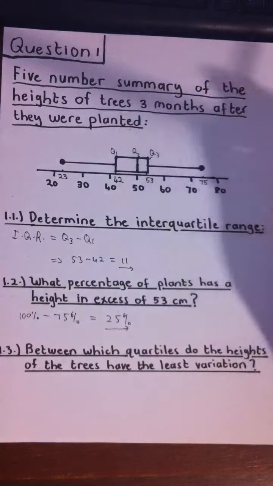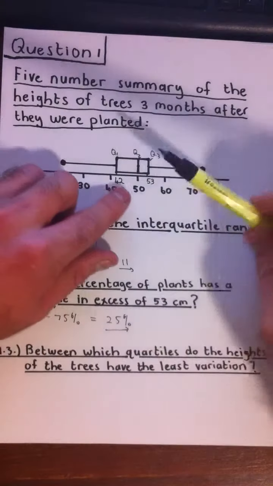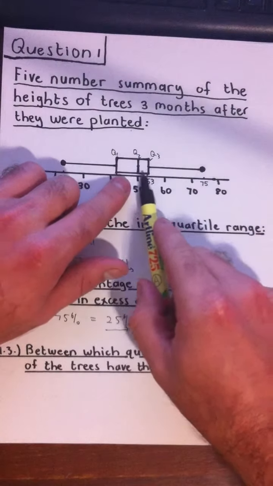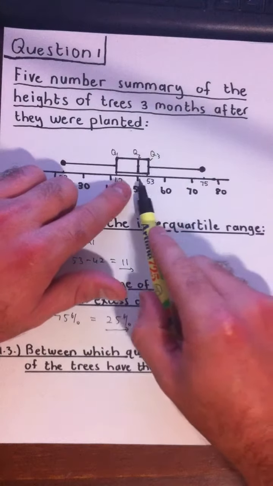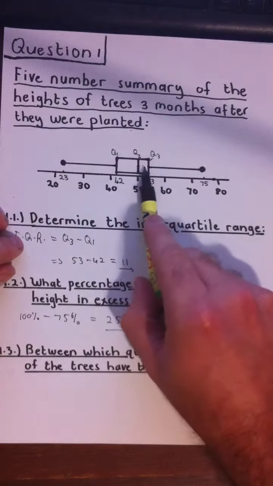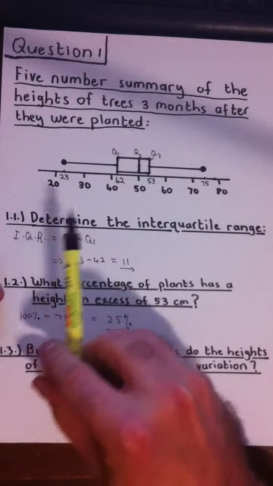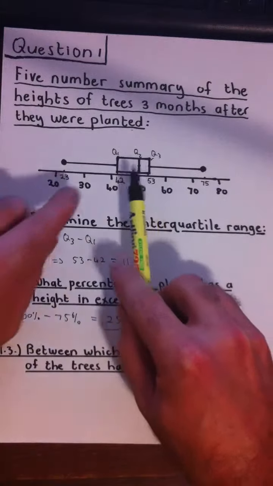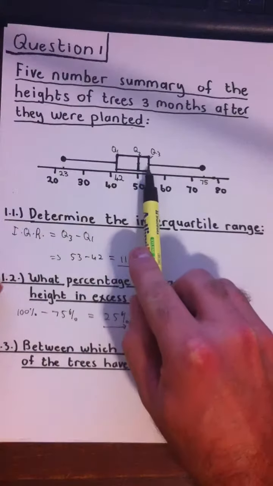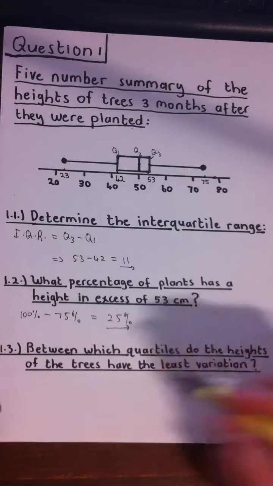And in this quartile, Q3 minus Q2, we have that the variation is only 3 centimeters for the 25% of the plants. So the least variation on a box and whisker diagram would always be whichever of these quartile boxes is the smallest, the least distance. But to do the calculation, we can compare.